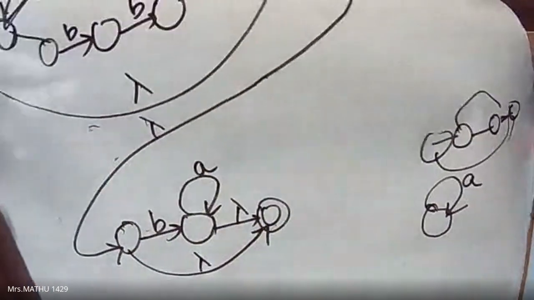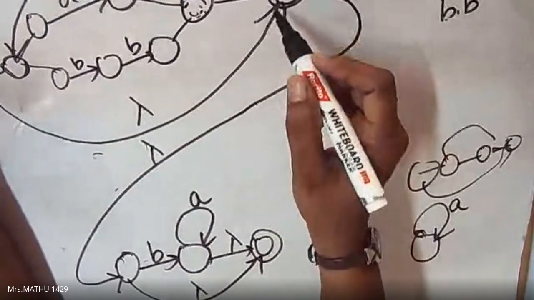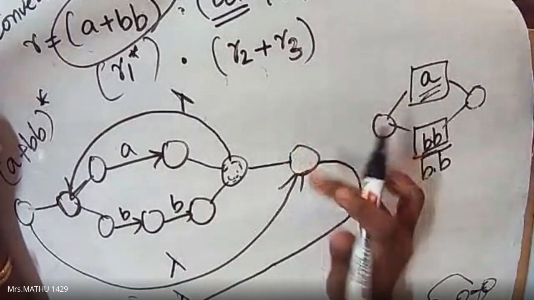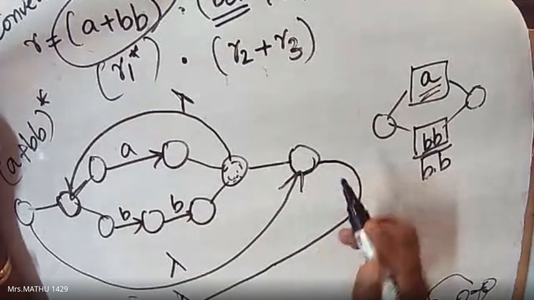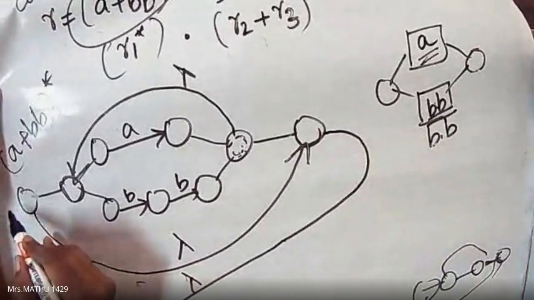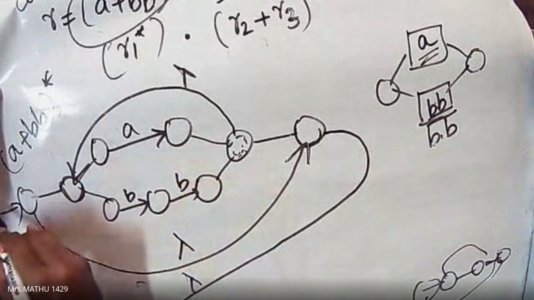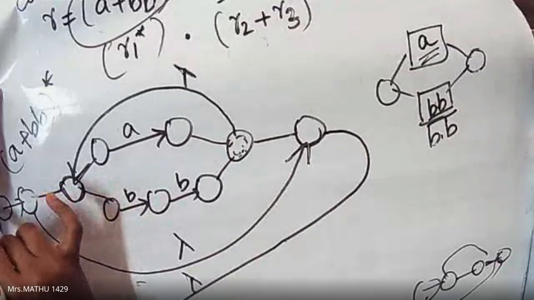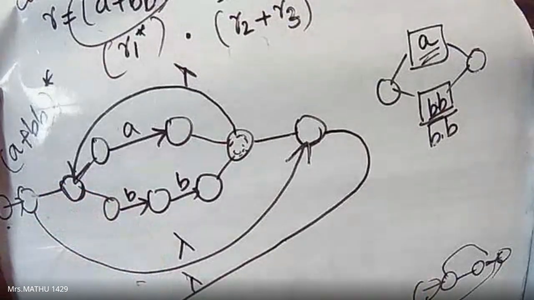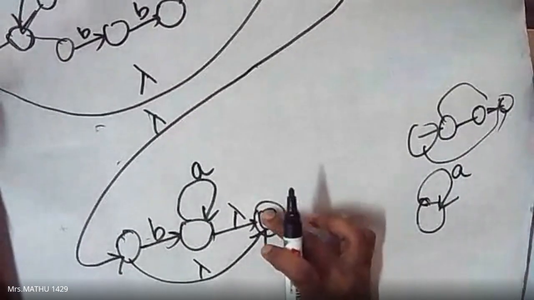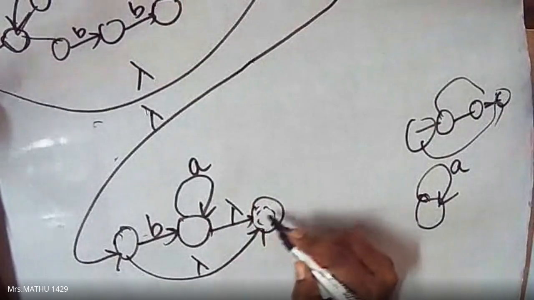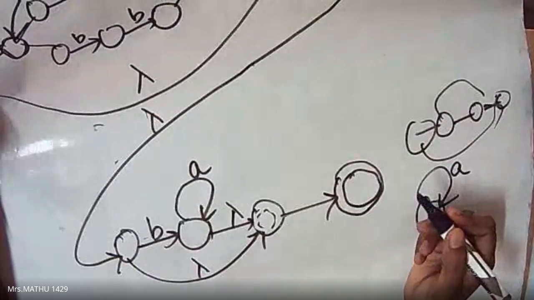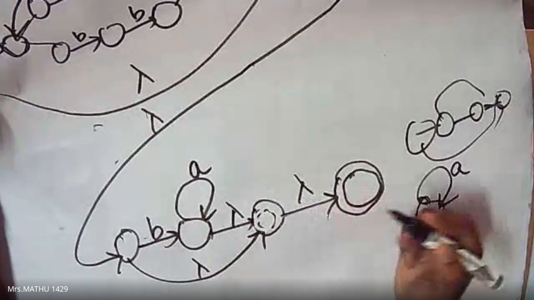So this is not the actual final state here. We will be having a common initial state again. Now this is also not the actual final state, so we'll be having a common final state for both of them after concatenation.